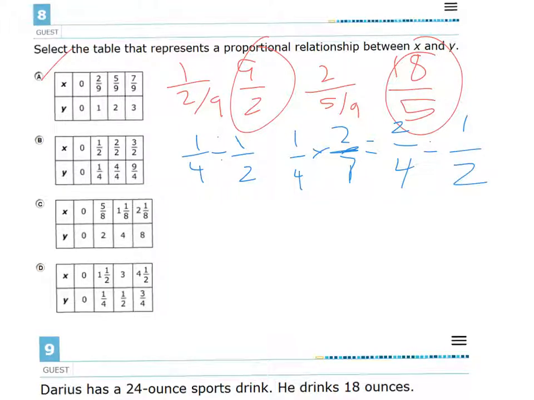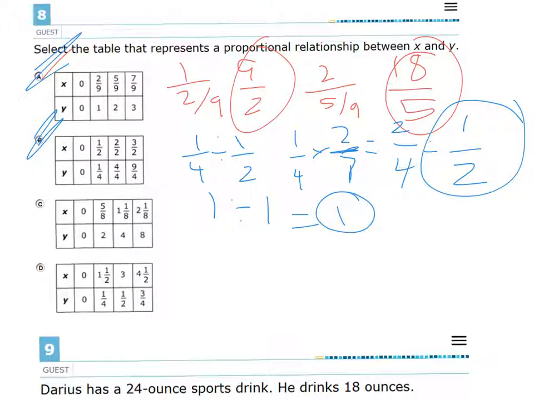Then in the next one, I could go 4/4 divided by 2/2. 4/4 is 1, and 2/2 is also 1, so it's basically saying 1 divided by 1, which is 1. So as you can tell, 1 and 1/2 are not the same constant, so B is also not one of our answer choices. So I would mark that one.